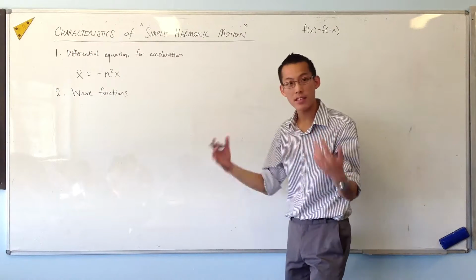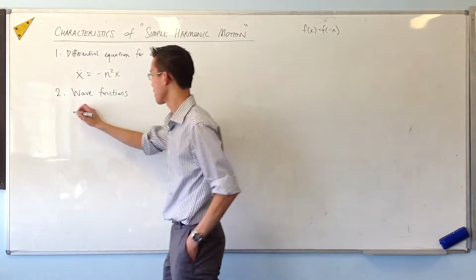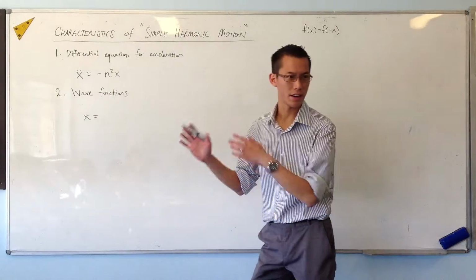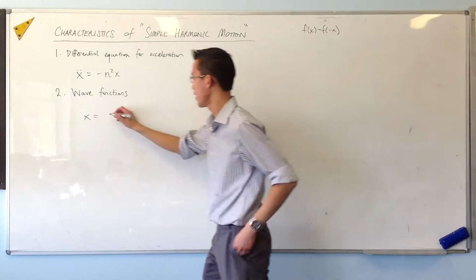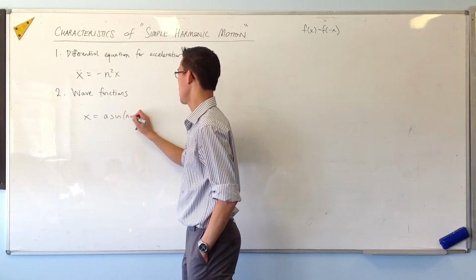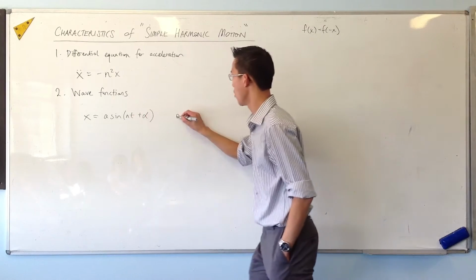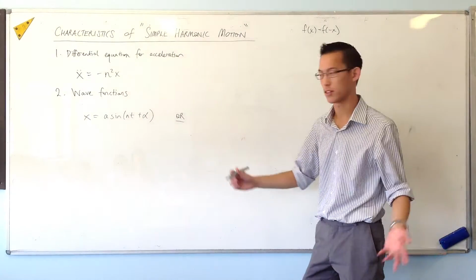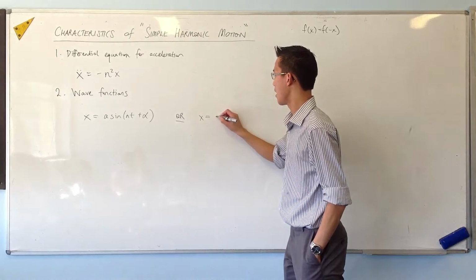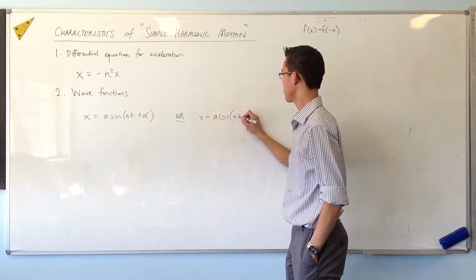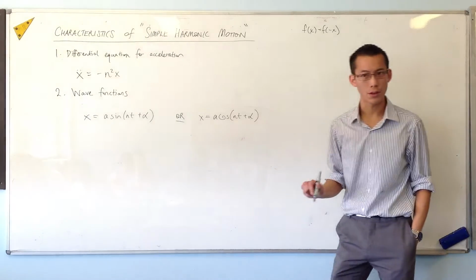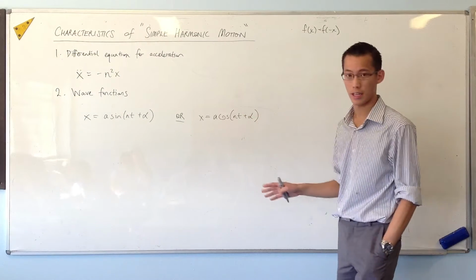The basic kinds of wave functions are x equals, now I'm going to give the standard form here, a sine(nt plus alpha), or, so just your regular old sine function, or a cos function. Okay. Now let's have a look at both of these for a second.